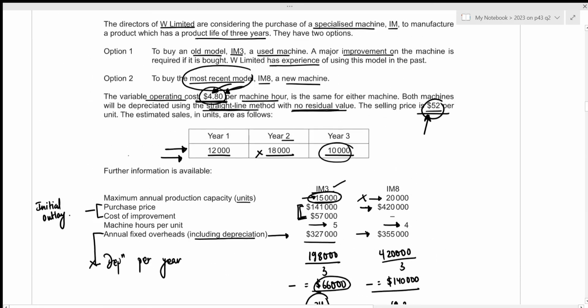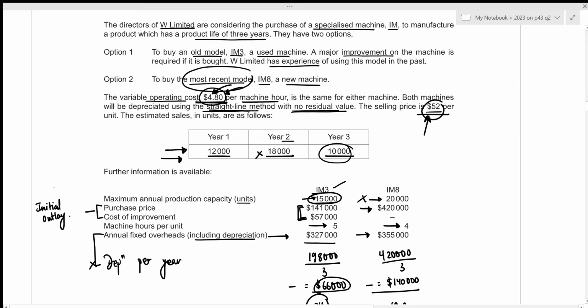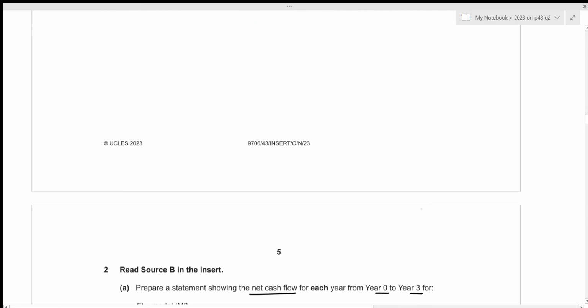Okay, that's the first thing. Now, what's the other? Okay, we can compare the initial outlay as well. So the initial outlay for IM3 is 198,000, whereas the initial outlay for IM8 is 420,000, which is higher. Let's write it down.